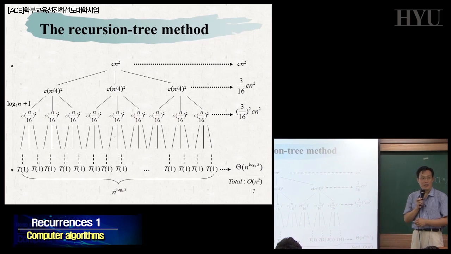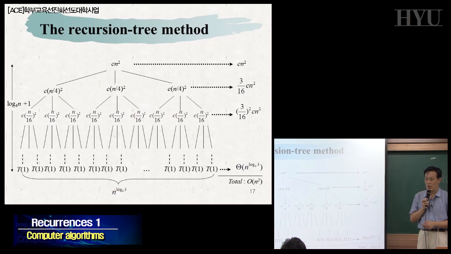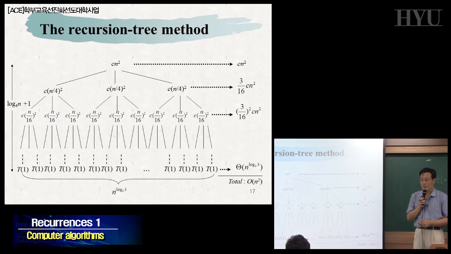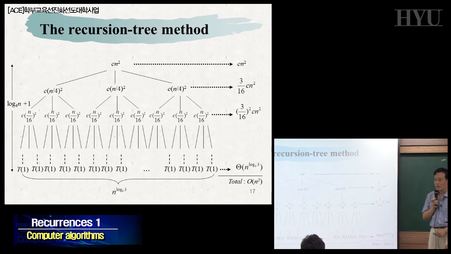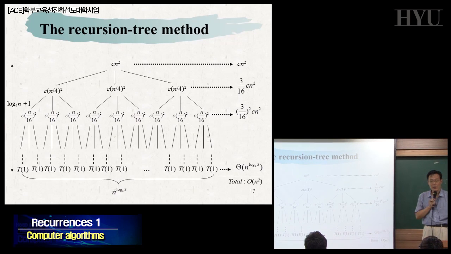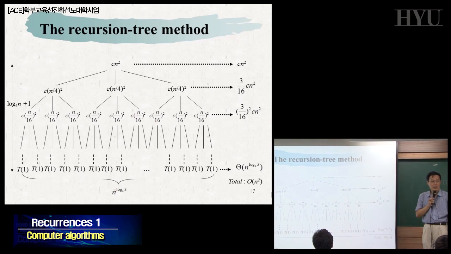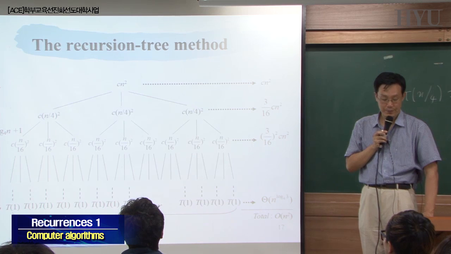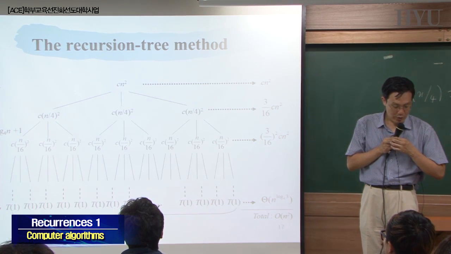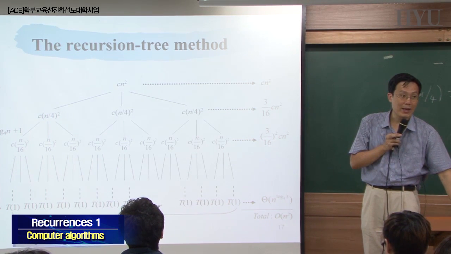And I explained why it's log n, but the only difference is it's 4. Why is it 4?